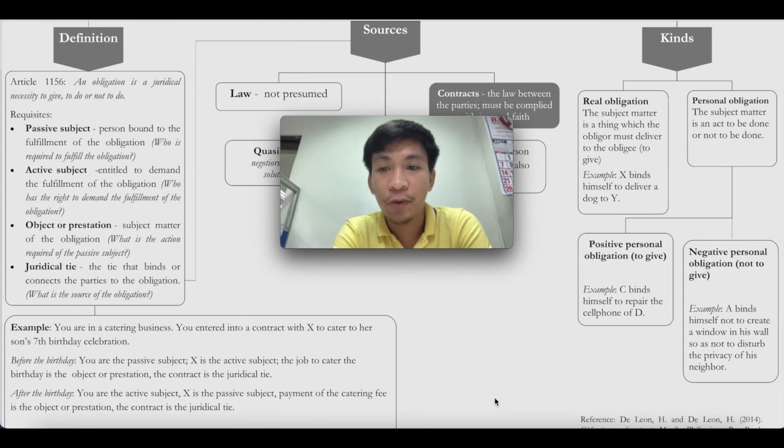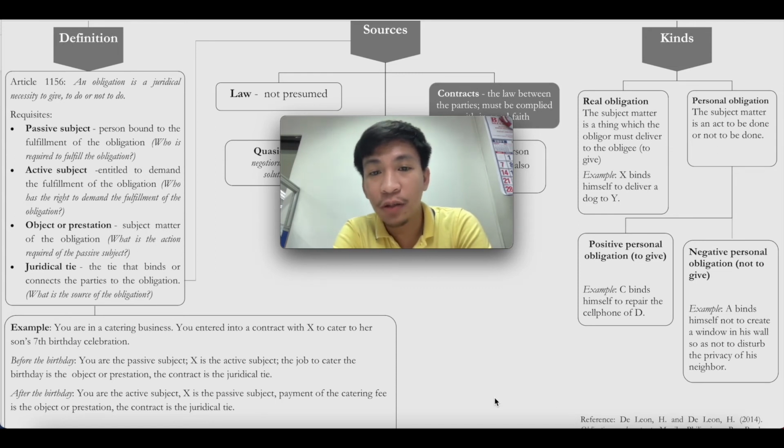We have real obligation. In a real obligation, yun yung to give doon sa 1156. In a real obligation, the subject matter is a thing which the obligor must deliver to the obligee. Ano yung obligee and obligor? Parang ano lang din yan, debtor, creditor.